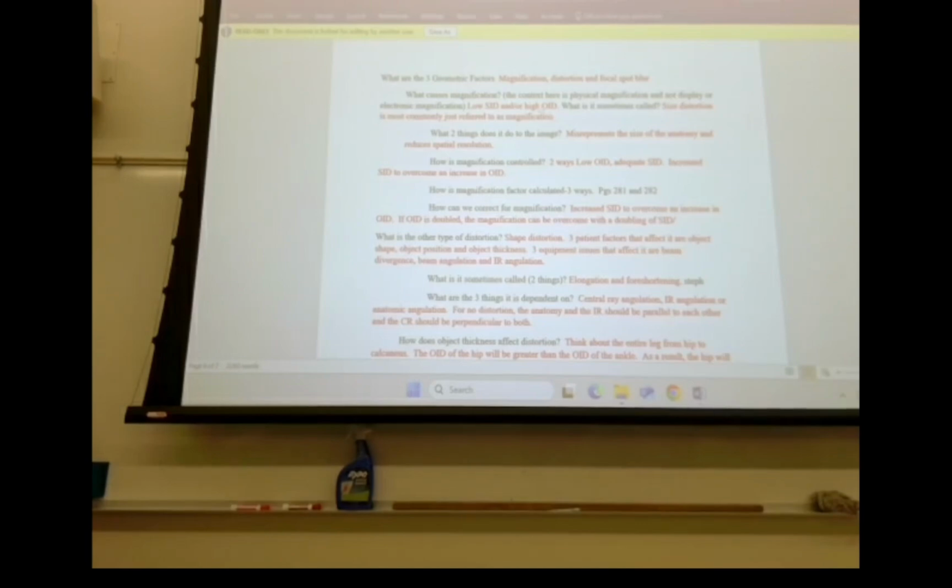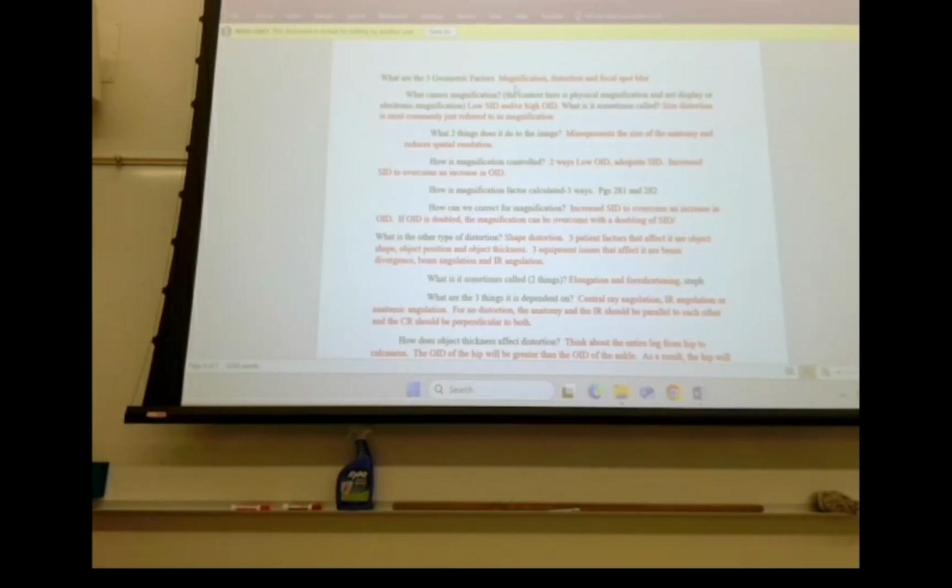Three geometric factors. We have magnification, distortion, focal spot blur. Those are 3 geometric factors, and then we've got controlling things within those. So magnification, that's going to be your OID, your SID, and pretty much that's it.